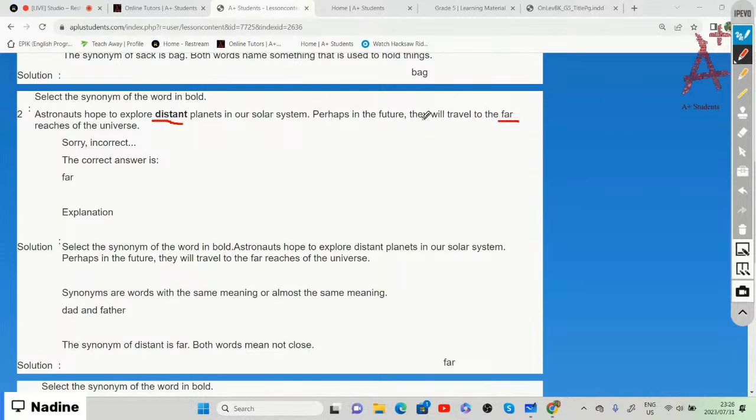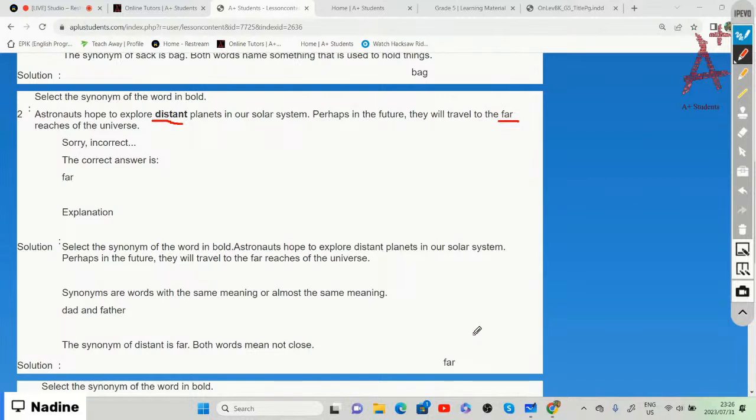It's like a far reached thing. So the synonym of distant is far.